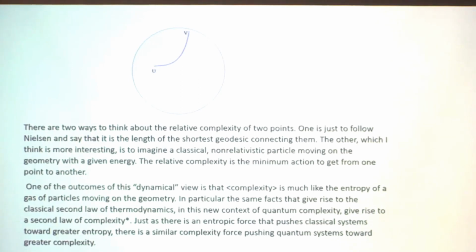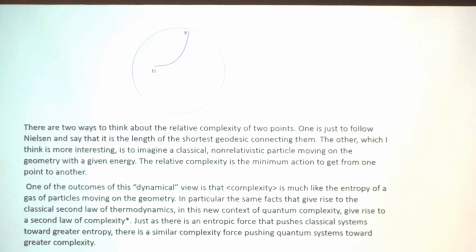Let them flow away, and the complexity just turns out to be the entropy of that cloud of particles. As the cloud expands, the entropy grows, and that entropy is in fact the average complexity of the points that the cloud is covering. So that turned out to be a somewhat easy way to think about complexity, and I will use it.